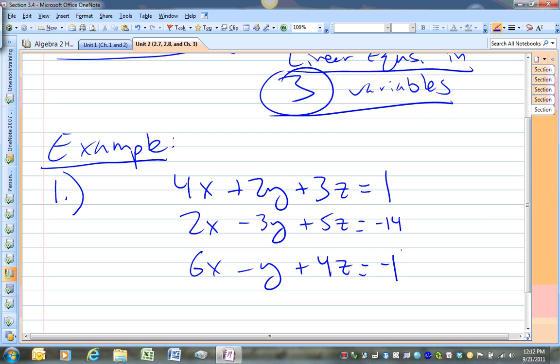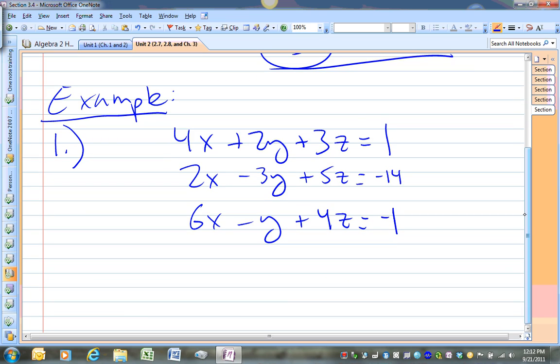Okay, so you can be kind of creative here. You can use elimination and substitution, and we'll probably do a combination of the two.